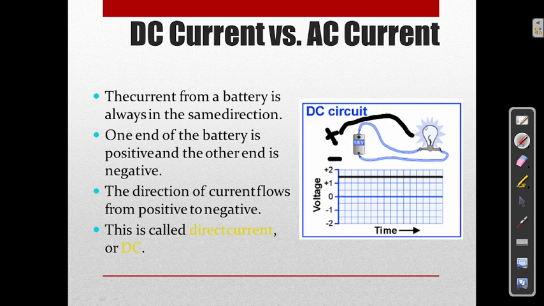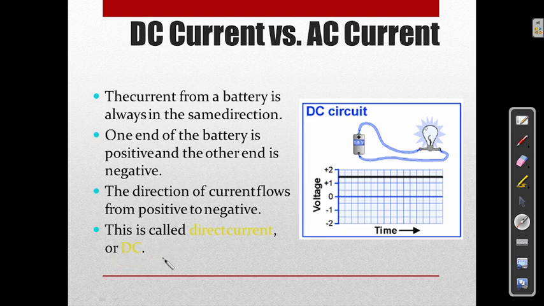Then it will connect to this lamp. The lamp will glow. These are the two symbols used for direct current. The direction of current flows from positive to negative. It has only one straight path. This is called direct current, or DC.